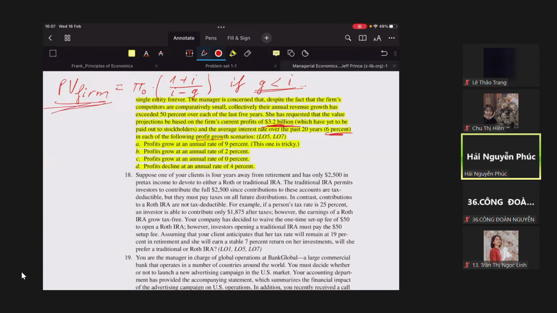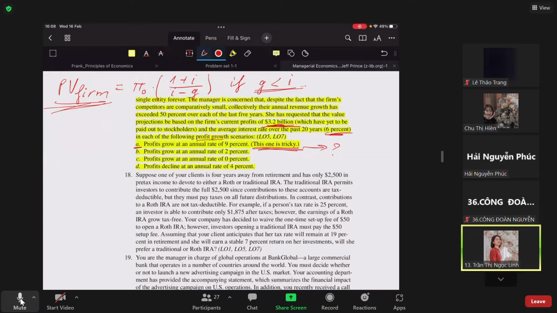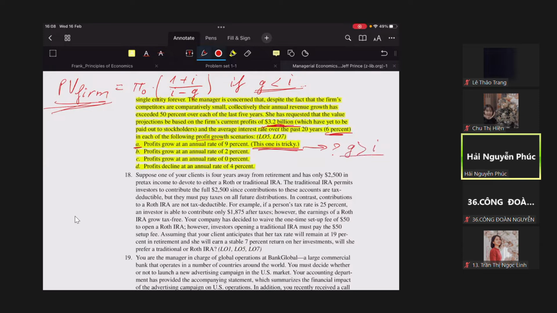Why do they say that question A is tricky? You know why it is tricky? The growth rate is higher than the interest rate. Yeah, that's correct. This one is tricky because the growth rate is greater than I, and we are not going to be applying this formula.